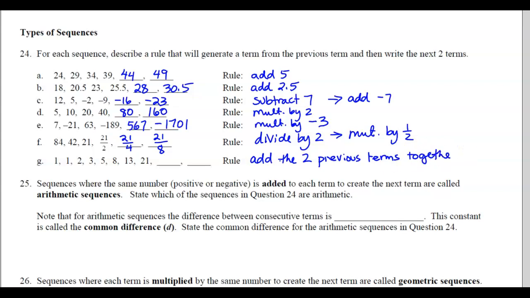So here that was going to be 34 and 55. Okay, so this kind of leads into what we're going to do over the next week or so.